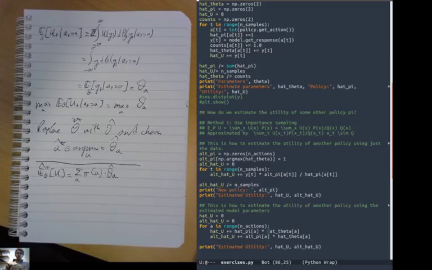Wouldn't you need to change actions, or can you always keep the same action? I mean, the answer is obviously you have to change actions.